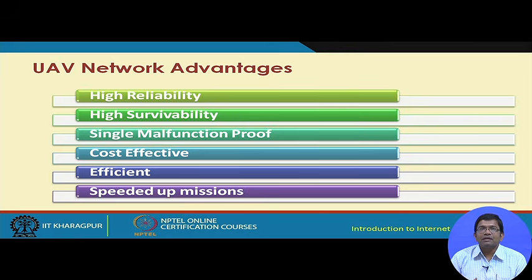So that way the efficiency with respect to cost is improved in a UAV network. Overall efficiency of the network improves, and the missions can be speeded up. The time that it takes for accomplishing a particular mission gets speeded up in UAV networks.